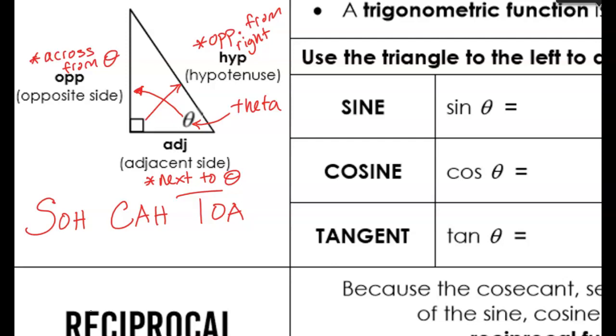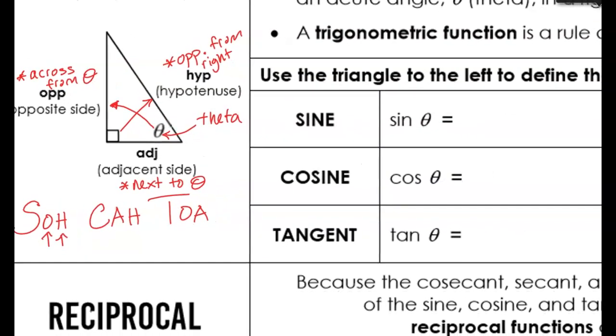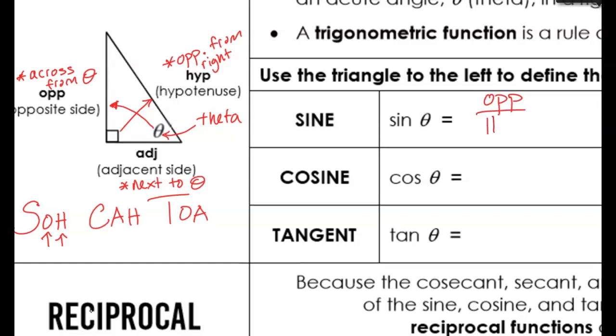The S stands for sine. So sine has O as the first letter and H as the second, meaning your trig ratio for sine is the opposite side over the hypotenuse side. The first letter over the second letter in that acronym.